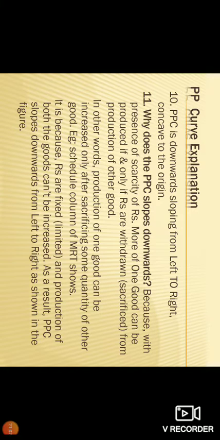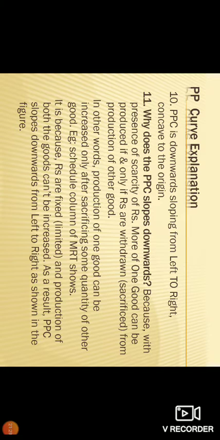Very simple. It is because quantity of production has been sacrificed to gain the production of another good.